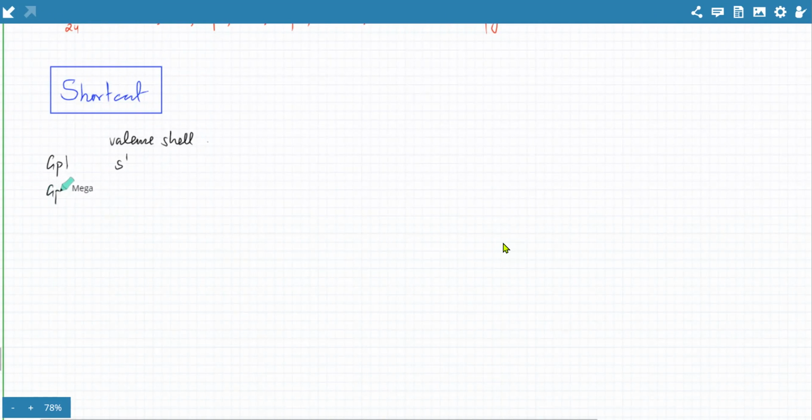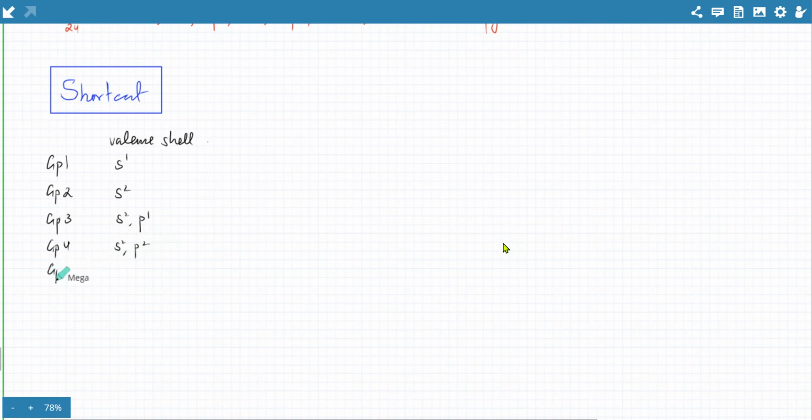If group 2, then it's going to be S with 2 electrons in it. If there's an element in group 3, then the outermost shell is going to have S2 and P1, and so on. So we can write all of them. Group 4 would be S2 P2.